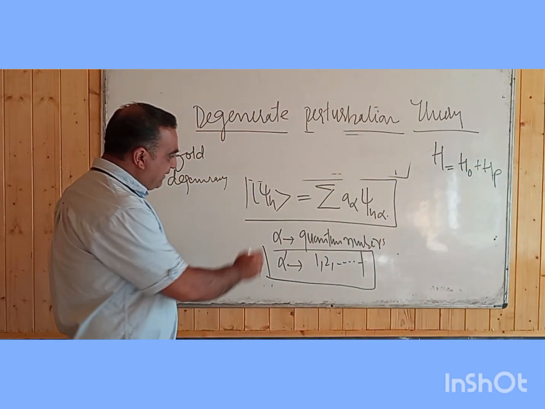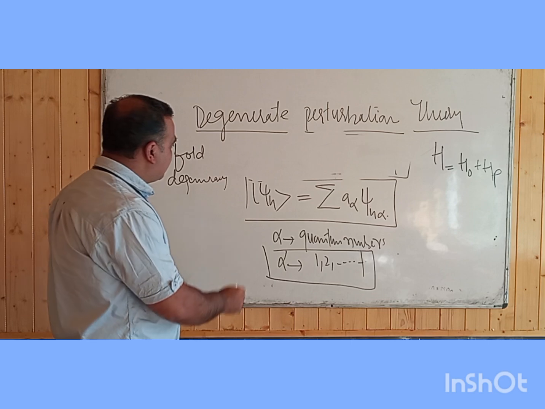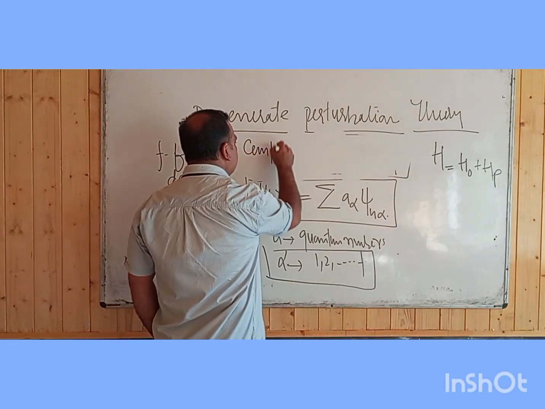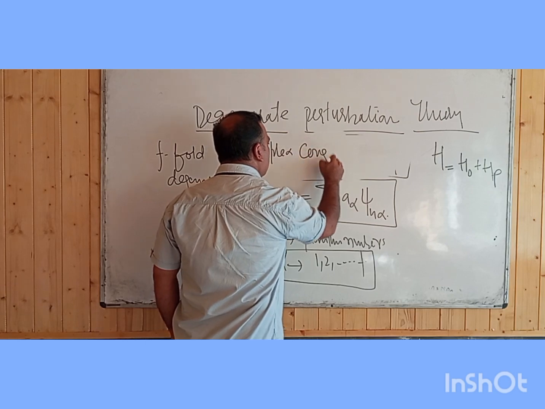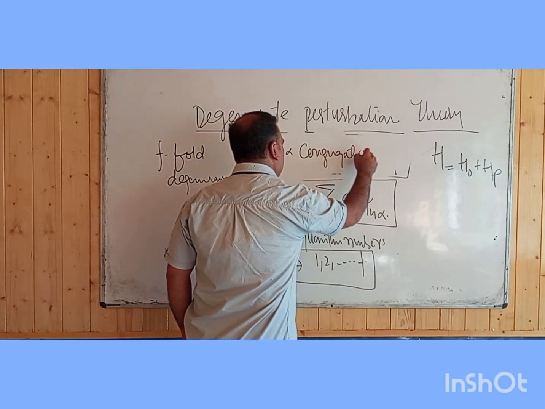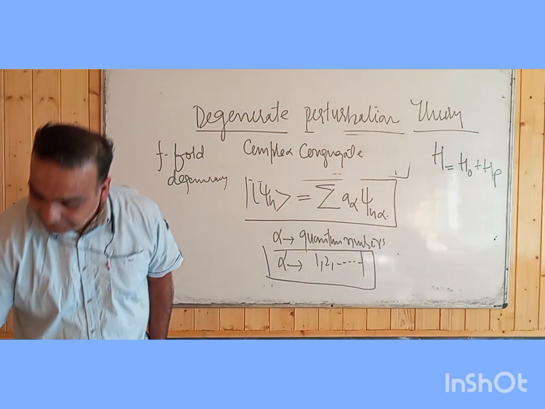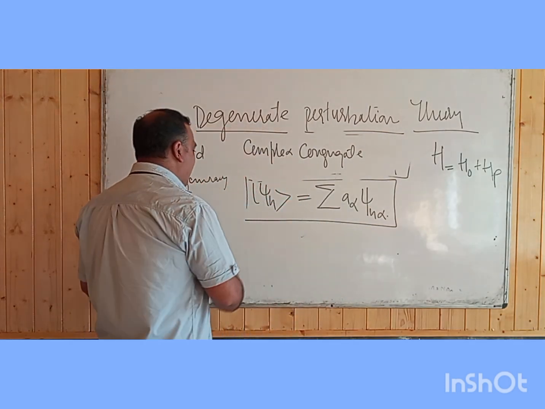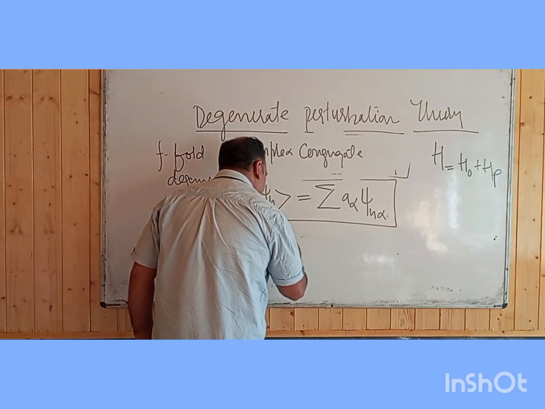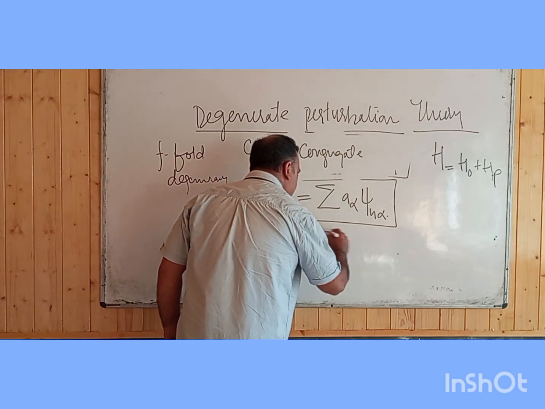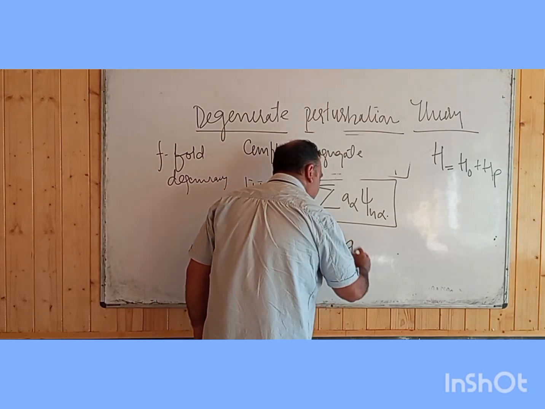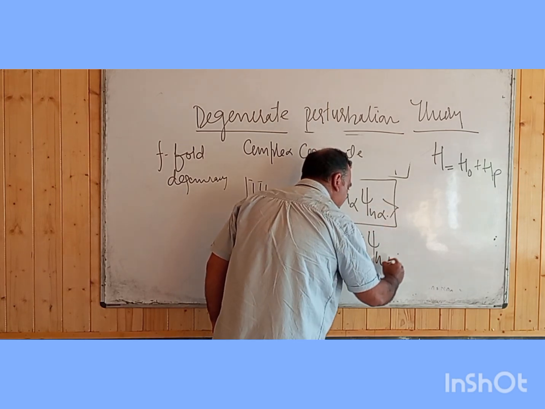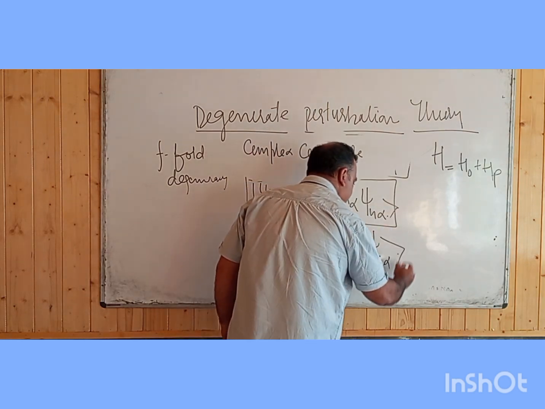If I take the complex conjugate of this eigenvector, what I will obtain is psi n star equals the sum of A alpha star psi n alpha star.